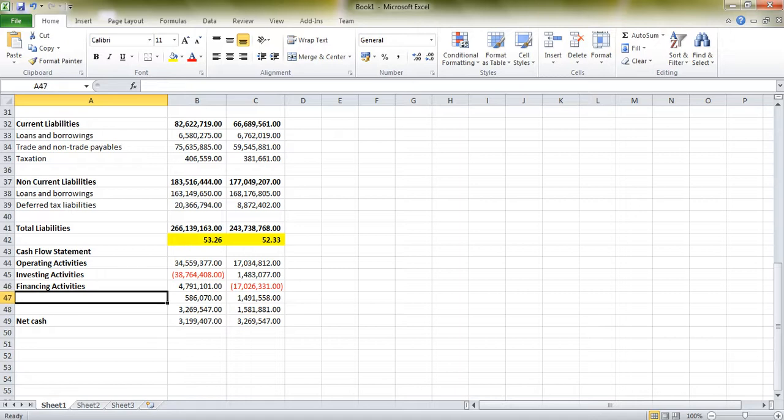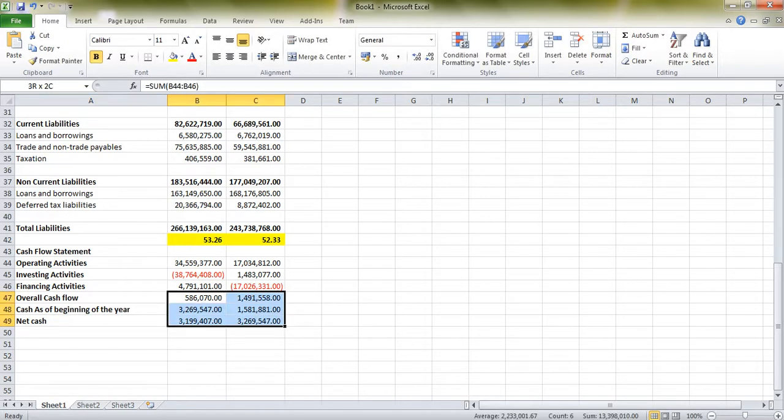So the overall cash flow statement. This one is called overall cash flow, and cash as of beginning of the year. So all this is derived from the formulas. Not derived, basically just copy only.